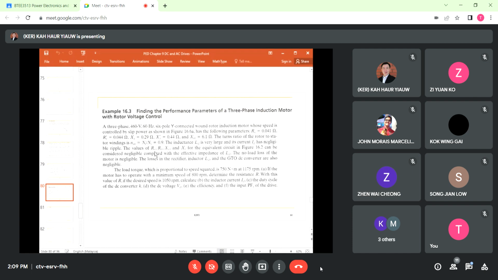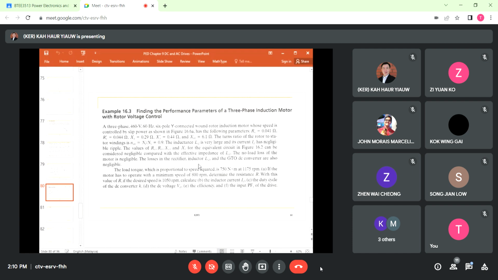The values of RS, RR, XS and XR for the equivalent circuit in Figure 16.2 can be considered negligible compared with the effective impedance of LD. The no-load loss of the motor is ignored.